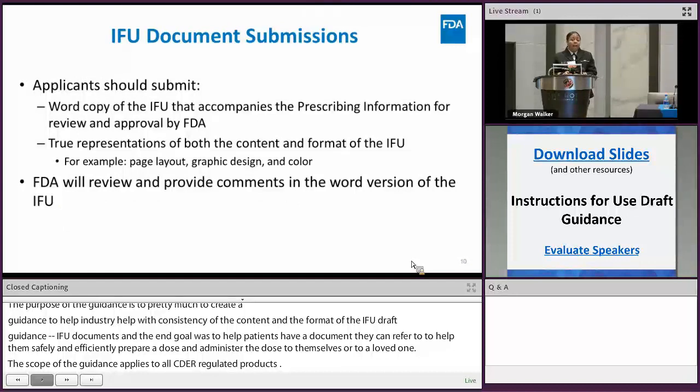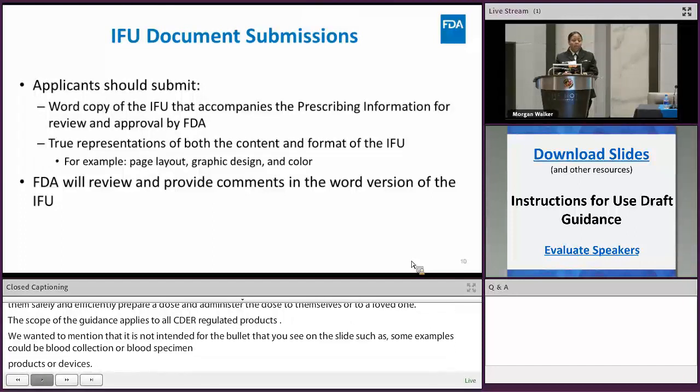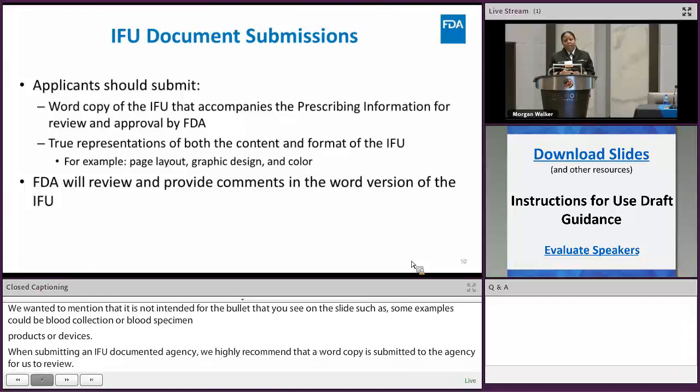When submitting an IFU document to the agency, we highly recommend that a Word copy is submitted to the agency for us to review. A lot of times we receive PDFs and then we have to request Word documents be sent to the agency. The problem with PDFs is that PDFs are very difficult to manipulate.